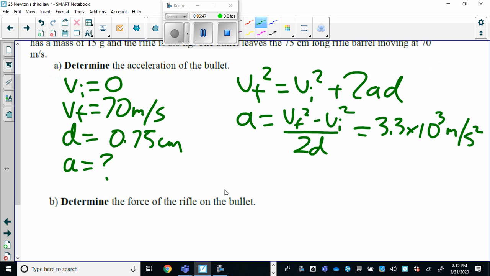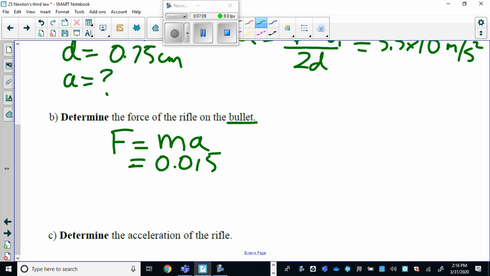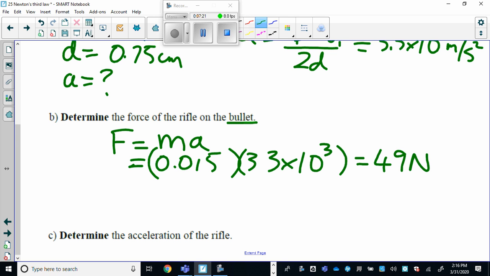So next we're going to determine the force of the rifle on the bullet. So that's just going to be F equals ma, on the bullet, and so we need the mass of the bullet. The mass of the bullet is 0.015, and the acceleration of the bullet is 3.3 times 10 to the 3. And if we multiply those together, we get 49 newtons.